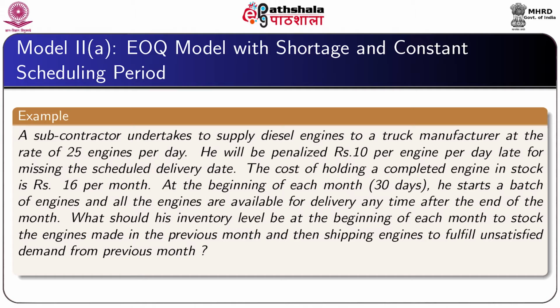At the beginning of each month, the month being considered as 30 days, he starts a batch of engines, and all the engines are available for delivery at the end of the month. What should his inventory level be at the beginning of each month to stock the engines made in the previous month and then ship engines to fulfill unsatisfied demand from the previous month?